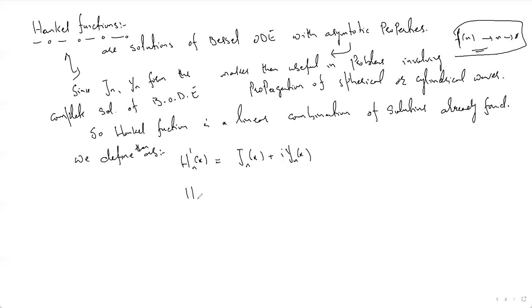And Hn2 of x is always given by Jn of x minus iota Yn of x. So these are the Hankel functions. There are two different functions. One is like a plus iota b, and other is a complex conjugate a minus b. So we are obtaining them from the solution which we have already found, and first and the second conditions.